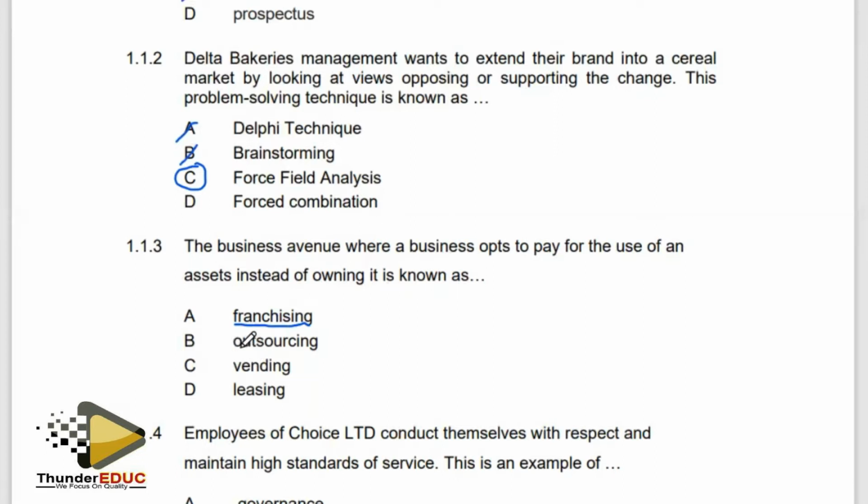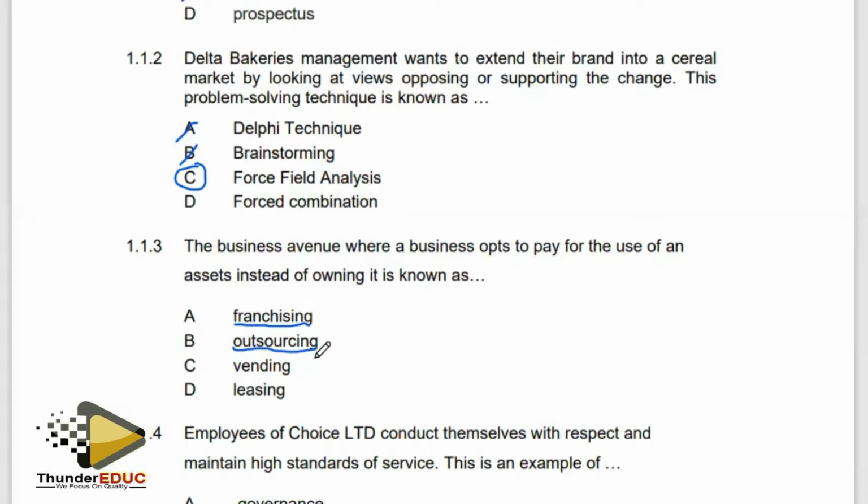When you look at outsourcing, a business is trying to use the services of another business which is more skilled, which has more ability to perform a function, so that this business concentrates on what it can do better.